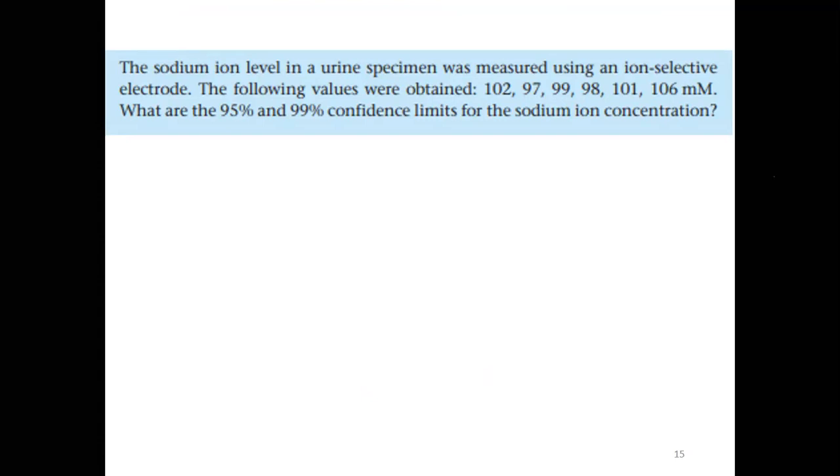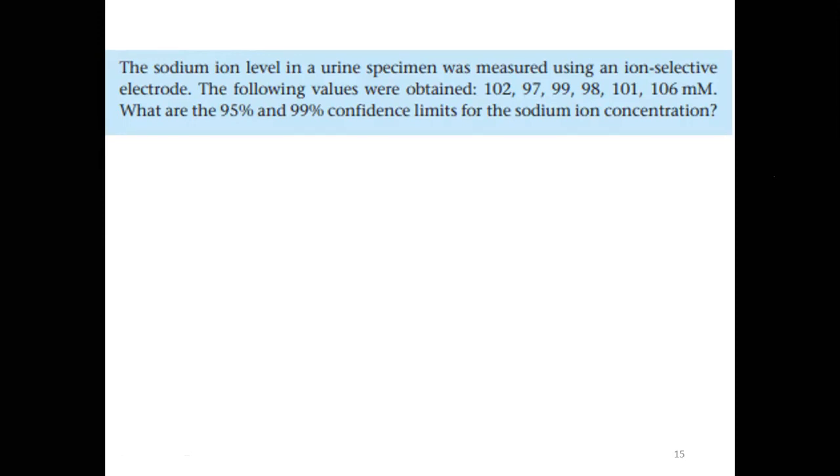So you have to find the 95% confidence limit as well as the 99% confidence limit. And the values were, there are how many values? 1, 2, 3, 4, 5, 6. 6 values were there. That means n, number of samples, equals 6.